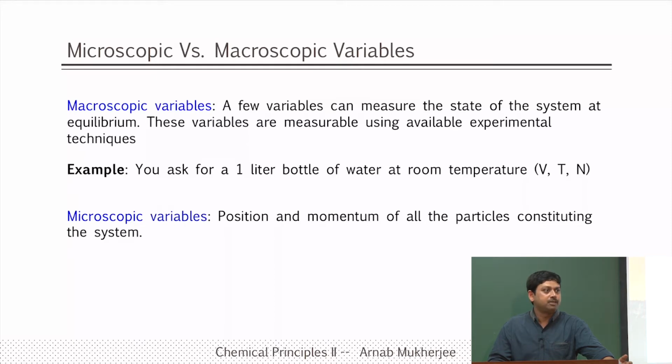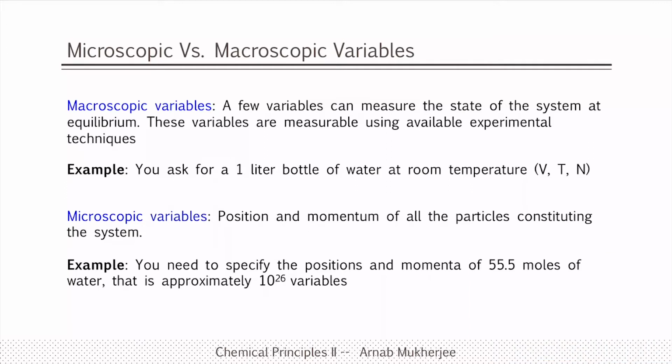So, therefore, 6 different variables. Typically for an n atom system we have to specify 6n variables. That means for 1 liter of water, I have to specify almost 10 to the power 26 variables in a microscopic sense.